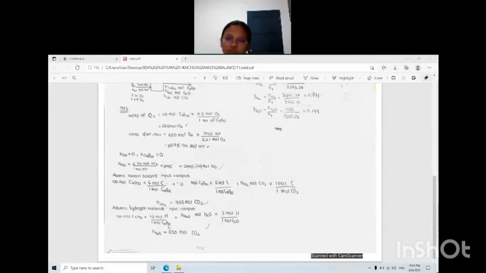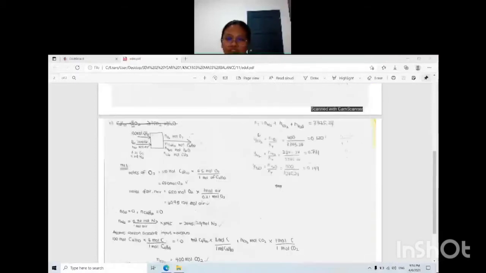Then we calculate for the fractional yield. So first we have to calculate the total, 3345.24 mole. Then for the fractional yield, we use the same method as the molecular method.